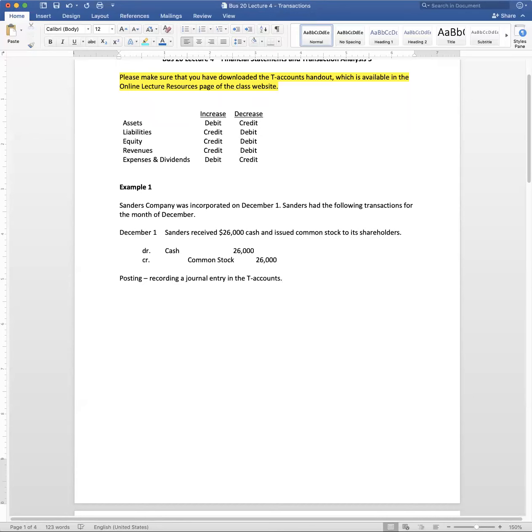So you'll see in the homework questions, it'll say something like record the journal entries and post to the T accounts, right? Or record and post these transactions, right? Recording means writing the journal entry and posting means putting it in the T accounts. All right, let's go to our next transaction for Sanders.